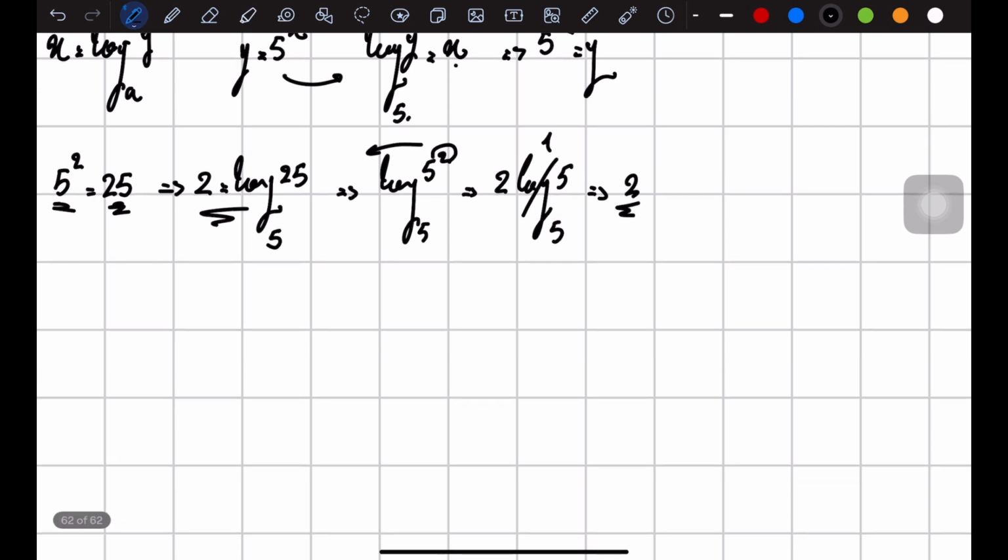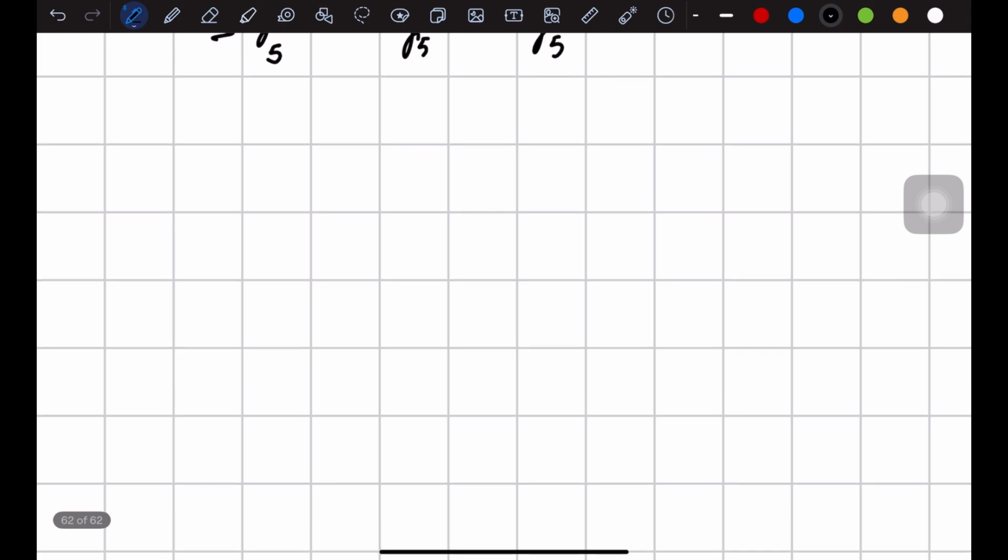Okay, now let's go to the properties of logarithmic functions. First, log_a 1 = 0. So what this one says is a with the power of 0 is equal to 1. See, a with the power of 0 is equal to 1.